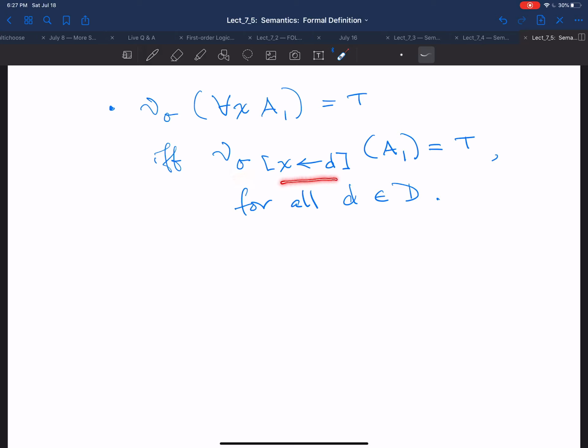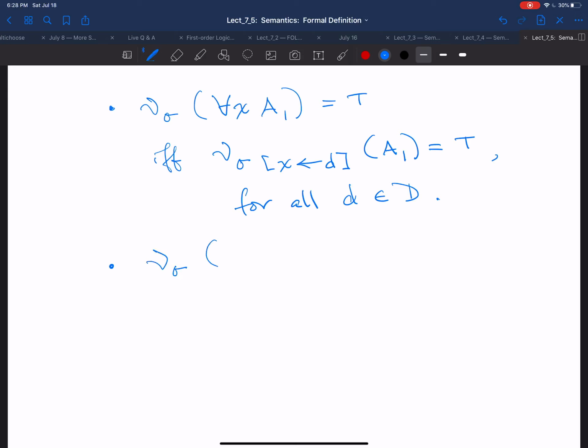All we're doing here is changing sigma so that it assigns x to the value d, the domain element d. And if, no matter which element of the domain we assign to x, the formula A1 comes out to have the truth value t, then we say that the universally quantified formula for all x A1 has the truth value t. That's just a more formal version of the informal semantics that we defined in the previous video.